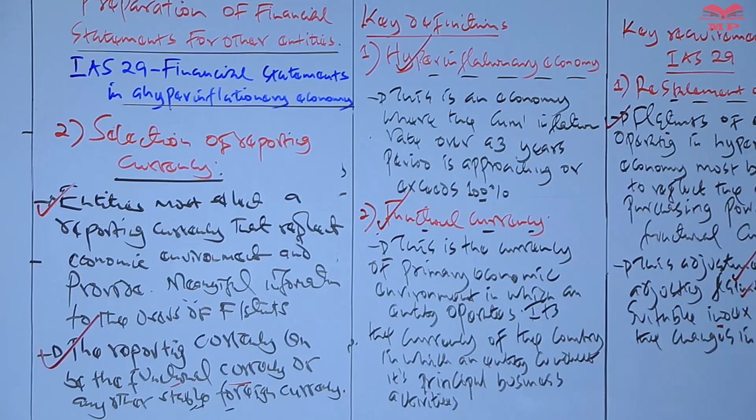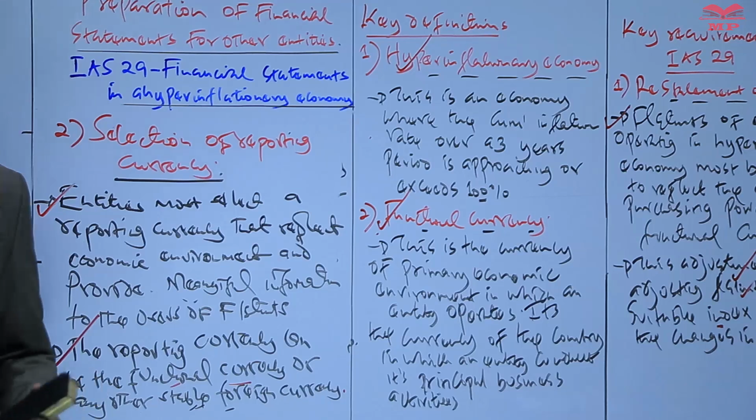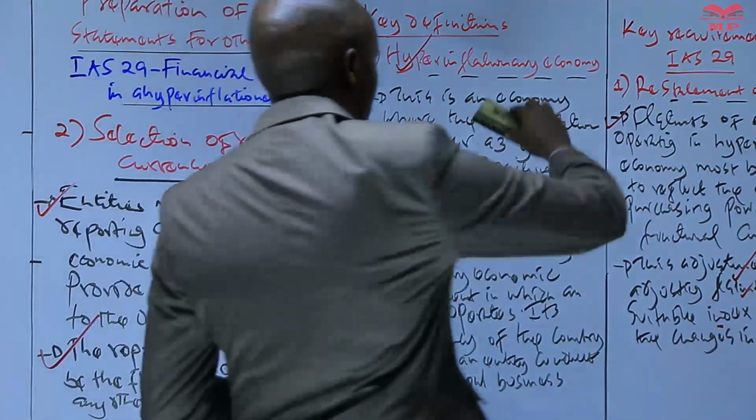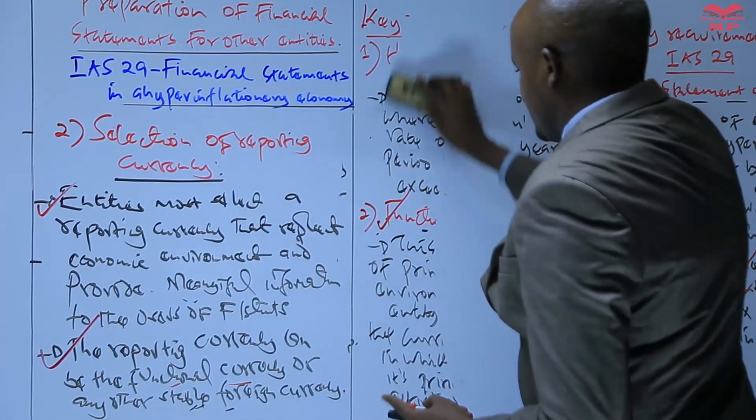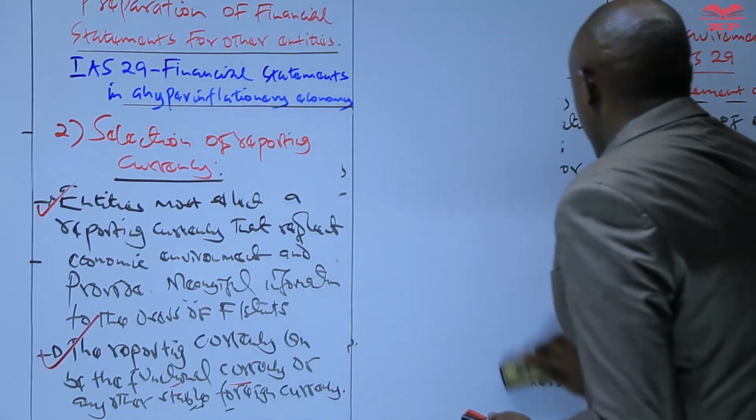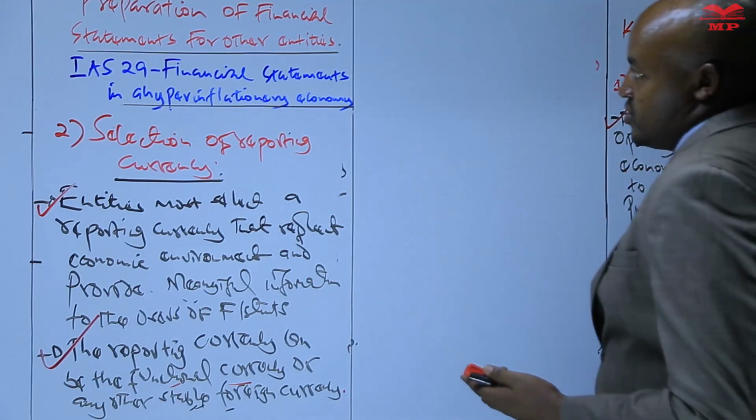Its value does not fluctuate widely due to inflation. So I think that is the other requirement under IAS 29.